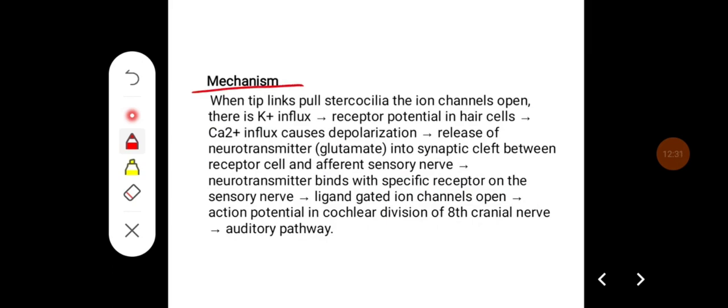The mechanism of production of action potential. When tip links pull the stereocilia, the ion channel opens and there is a potassium influx because the endolymph contains a large amount of potassium.